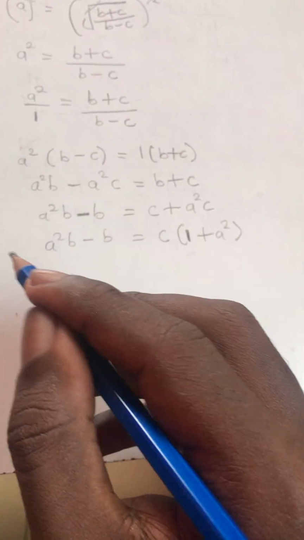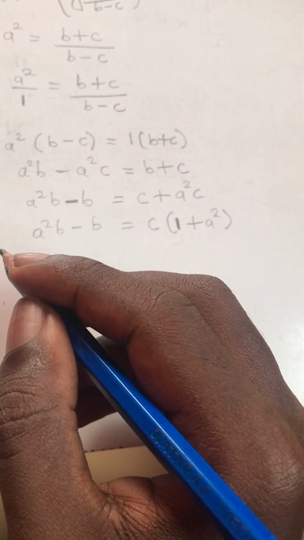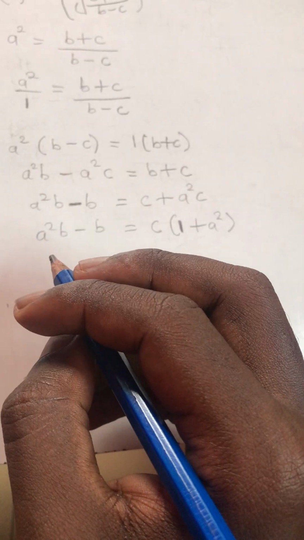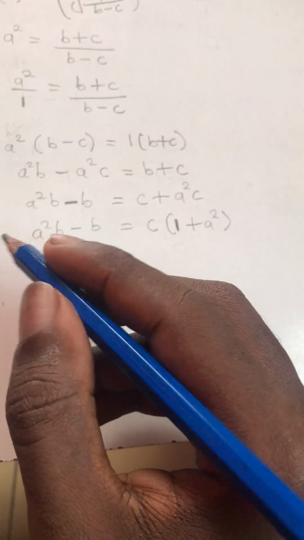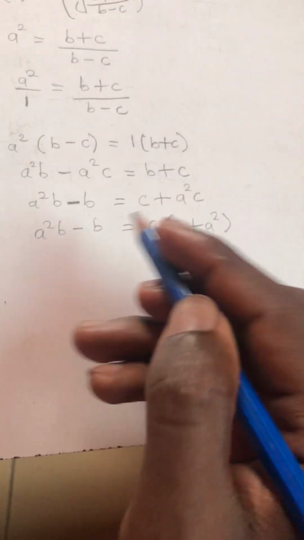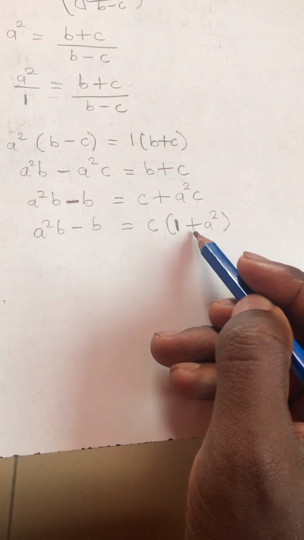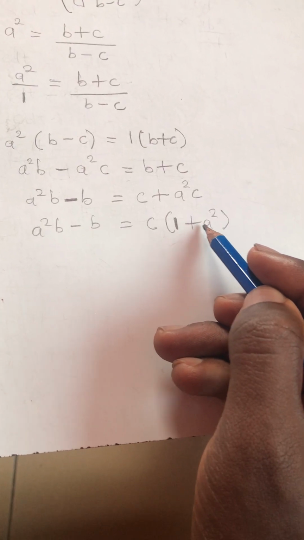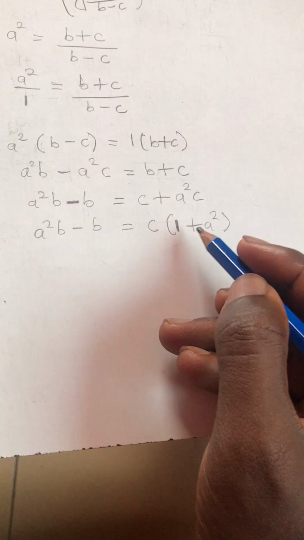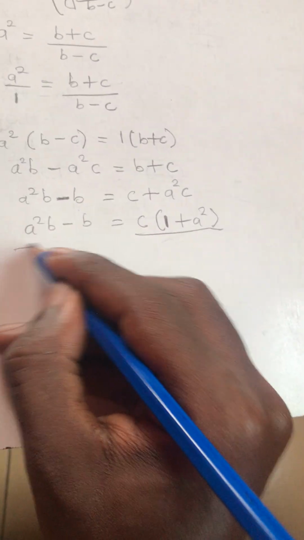So in order to make c independent so that it can become the subject of the relation, we have to cancel out the dependent variable, which is in bracket, 1 plus a squared. Whatever you do for the left hand side of the equation, you do the same for the right hand side.